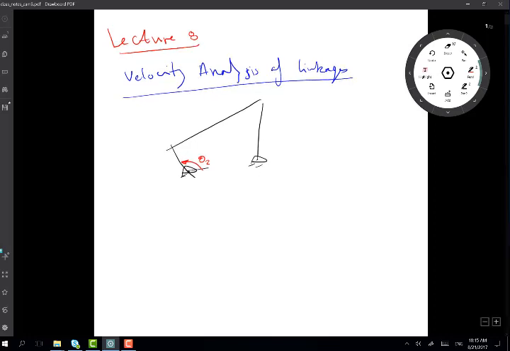And the position analysis meant finding, if we number our links here, the angle of each link, if you like, the direction of each link. Like in this case, I will have theta 3, and in this one theta 4.